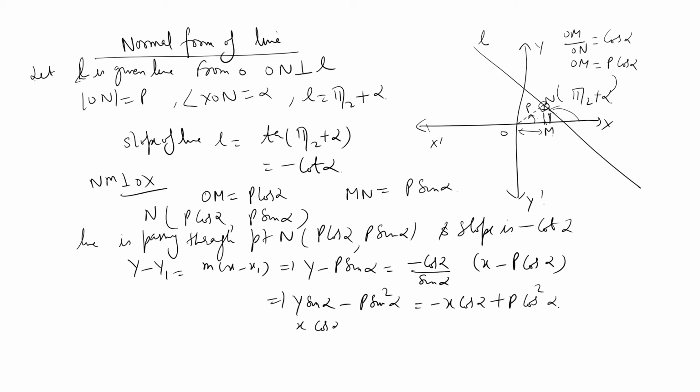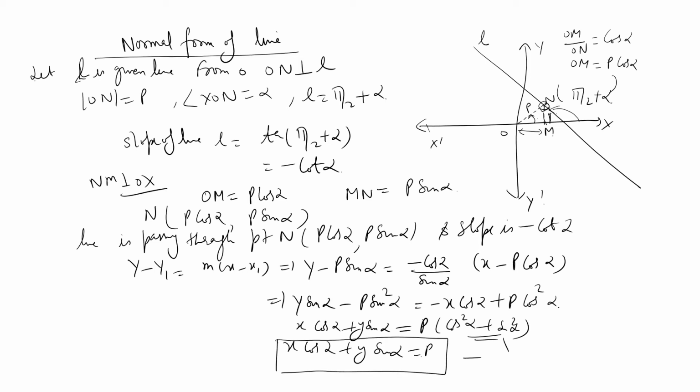Take x to the other side, plus y sin alpha, and bring P sin square alpha to the other side. It will be cos square alpha plus sin square alpha, which becomes 1. So x cos alpha plus y sin alpha is equal to P. This is called the perpendicular or normal form of equation of line.